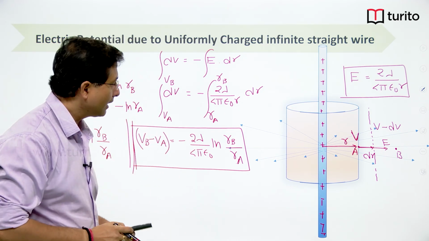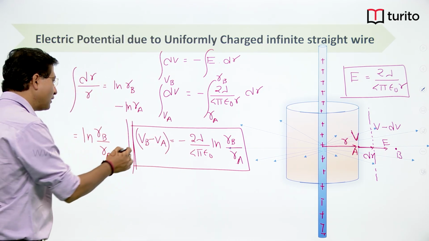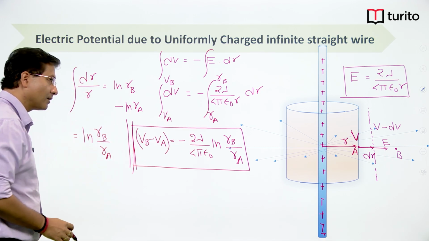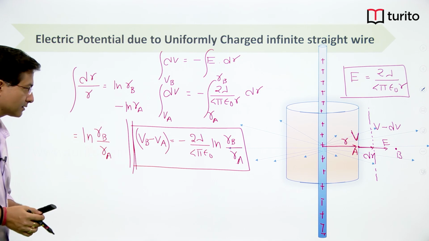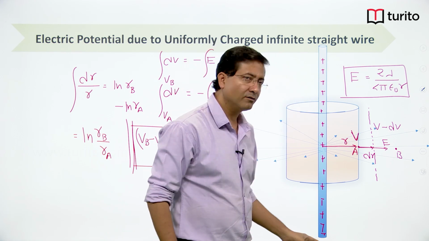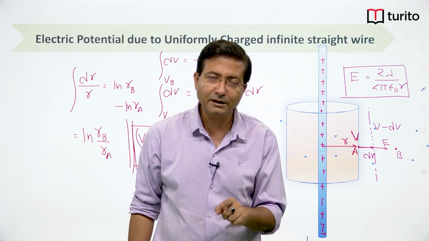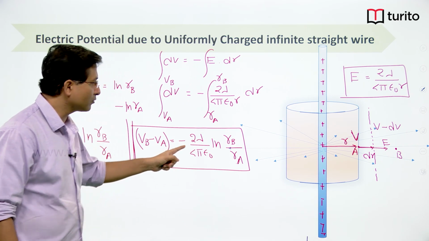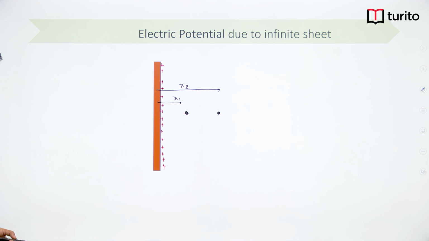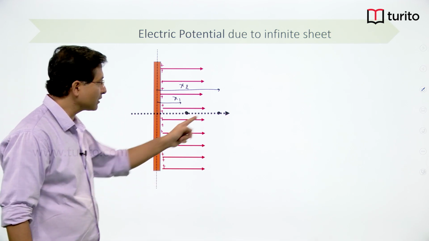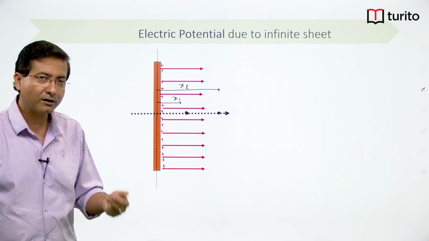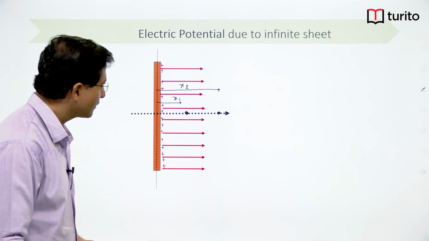So I cannot calculate the absolute value of potential at B by assuming the potential at infinity to be 0. I can talk about the potential difference. Whenever the distribution goes till infinity, we cannot take the reference potential at infinity to be 0. You can talk about the potential difference between 2 points. The same thing happens here, so I am calculating the potential difference between 2 points in front of the infinite sheet.